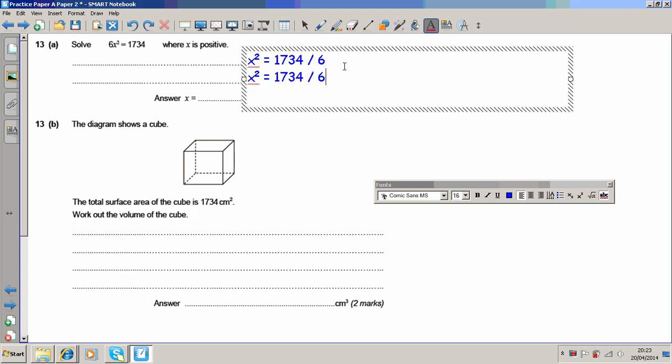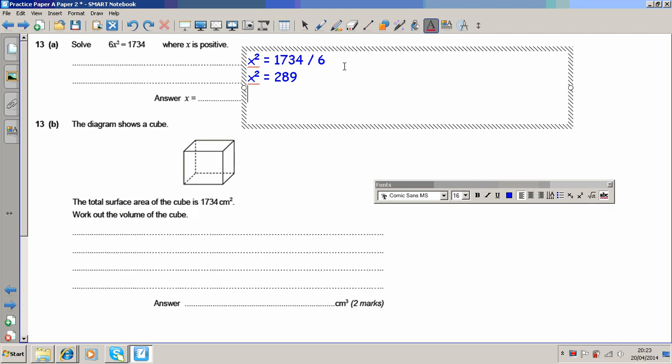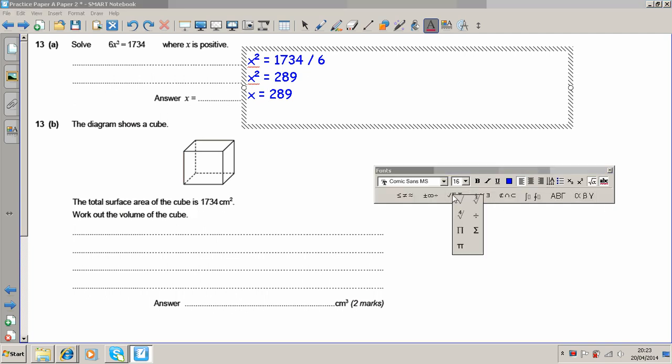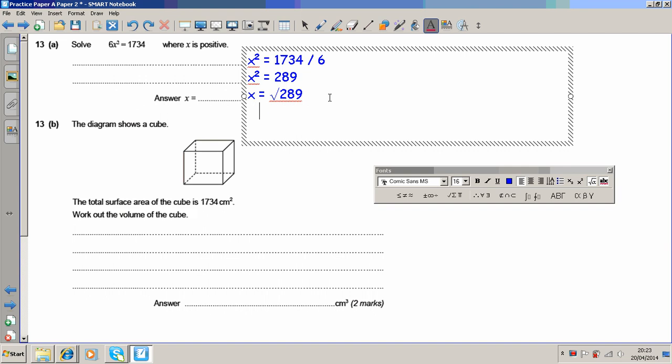What is 1734 divided by 6? It's 289. So x equals the square root of 289, which is 17.